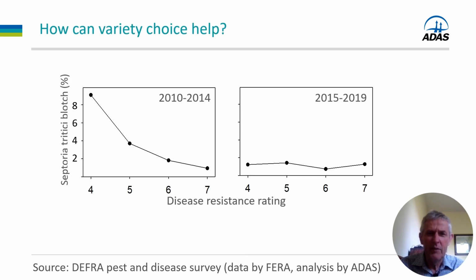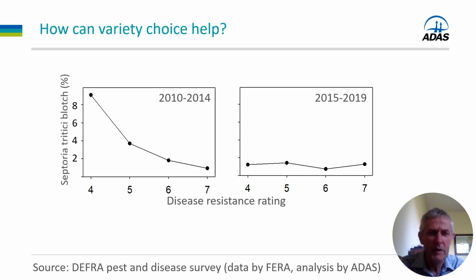If we delve a little deeper into the same data set, on the left here we're showing the amount of Septoria tritici in those sampled wheat fields over a 5-year period. There was a 5-year period of quite severe Septoria epidemics due to conducive weather. So this is data from well over 1,000 commercial fields that were almost always fungicide treated.